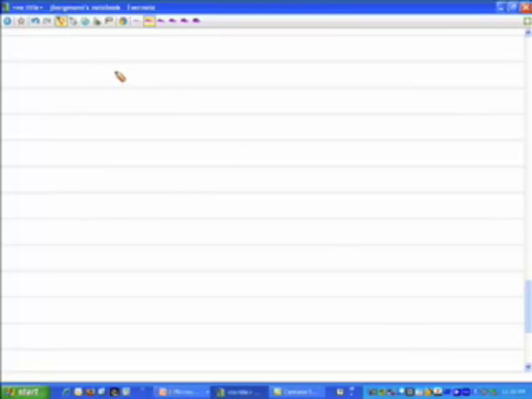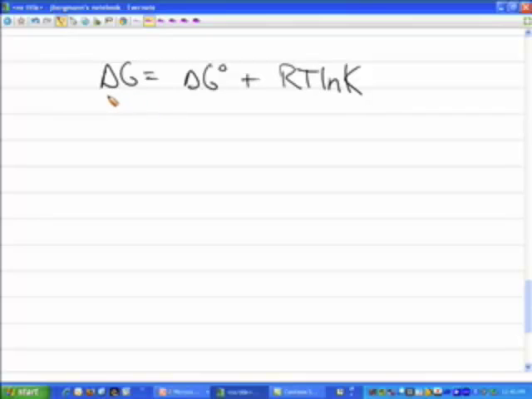I want you to add this somewhere. This is really the delta G equation. Delta G equals delta G naught plus RT natural log of Q. Now, what's true when delta G equals 0? We're at equilibrium.